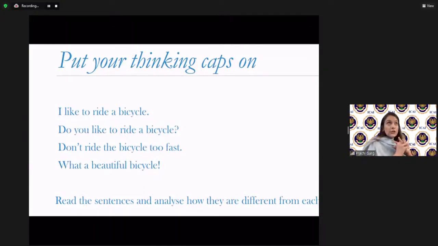While you're reading, you will also notice that every sentence has a different tone.